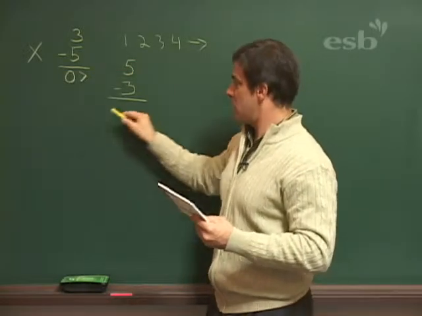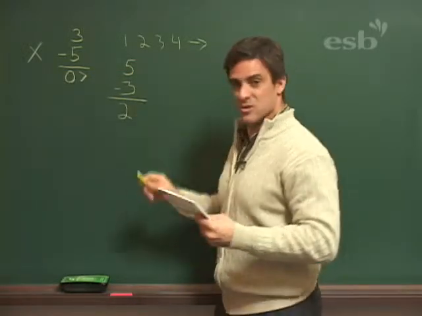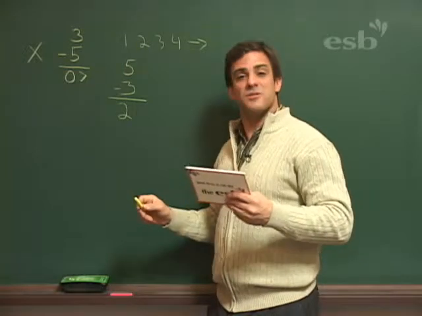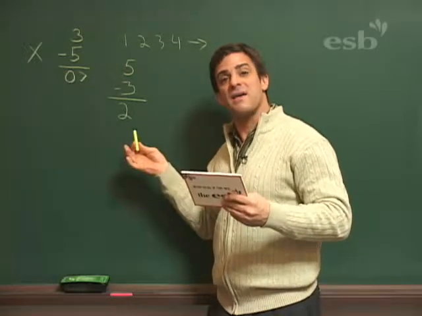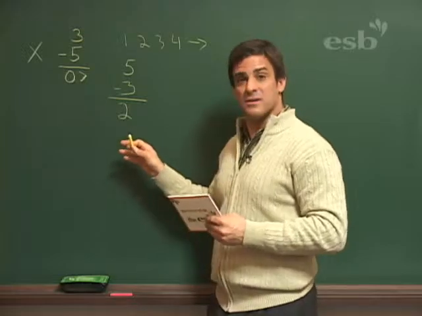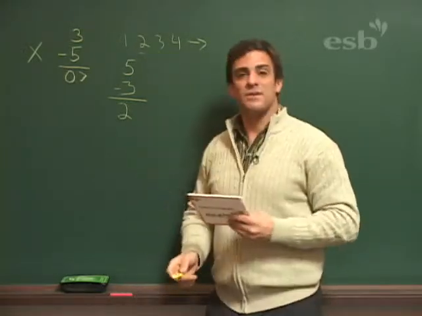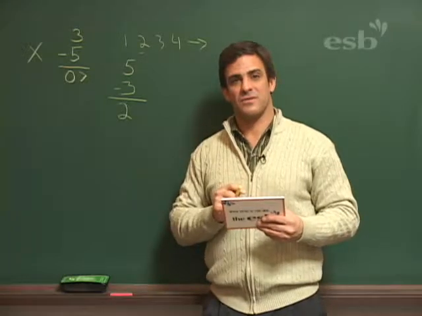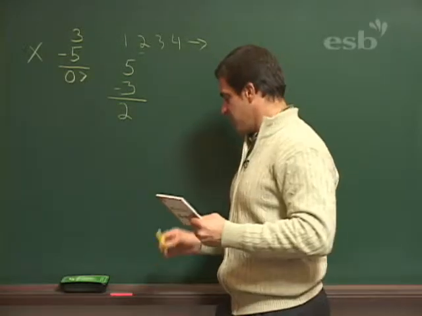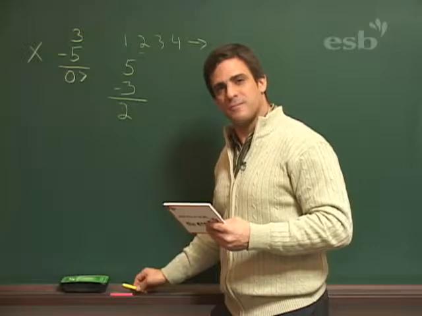Bigger, lower. And the answer is 2. We have to subtract 3 from 5, and the answer, the difference, is 2. 2 is a natural number. Very good.